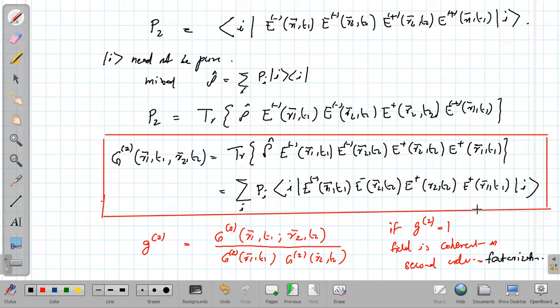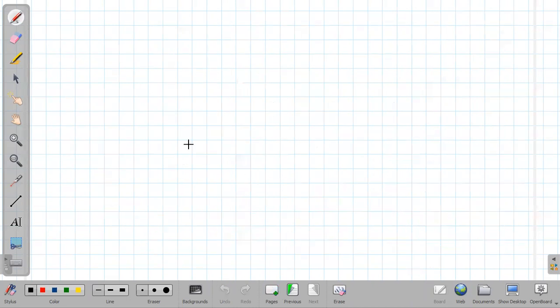Now we can express this g2 in terms of the field operators, in terms of the annihilation operator. Better we take a single mode, so consider a single mode field.